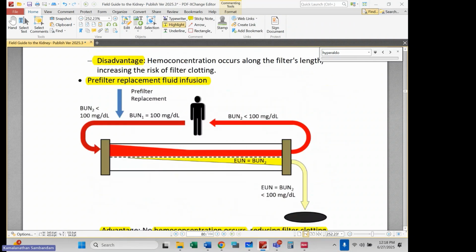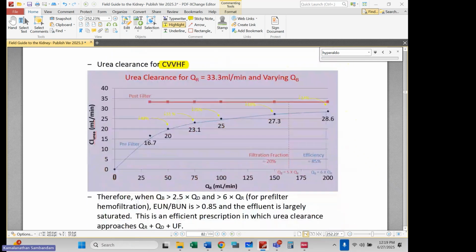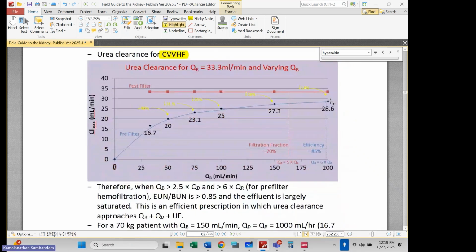In pre-filter CRT, if I run lower blood flow rates, I get more dilution of this urea before I hit the dialyzer or hemofilter membrane. That dilution of urea reduces the effluent urea nitrogen. The slower the blood flow rate, the more the dilution, and that's evidenced by this drop of efficiency.